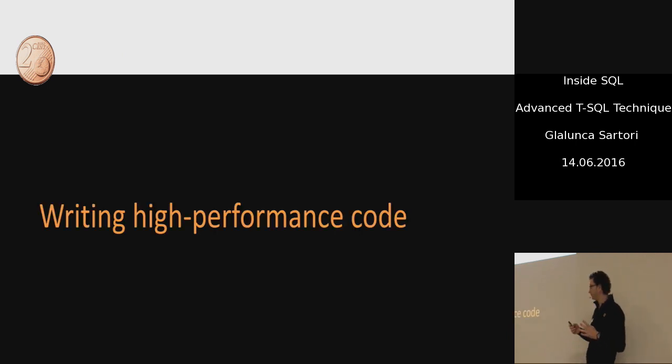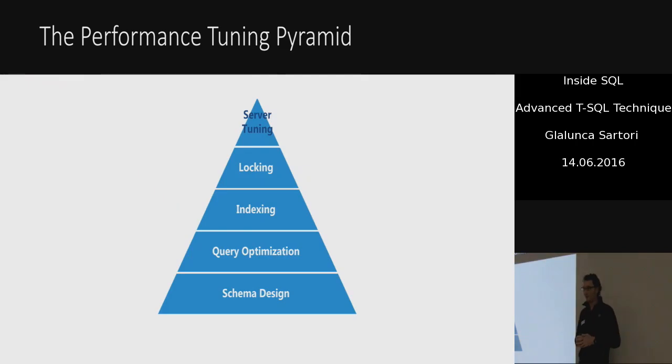Okay, so first of all, writing high-performance code. Why are we interested in this? Because if we put all the different levels we can interact with when we're tuning performance on a pyramid, what we would have at the base would be the schema design.